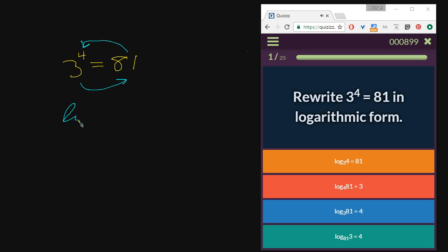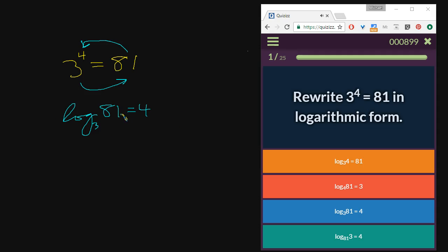We write this as log base 3, because 3 is the base, of 81, and that must be equal to the next thing, which is 4. So by using the Weingarten World, we can rewrite it as a log.